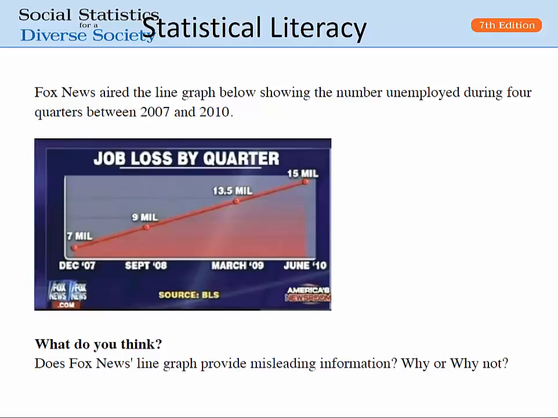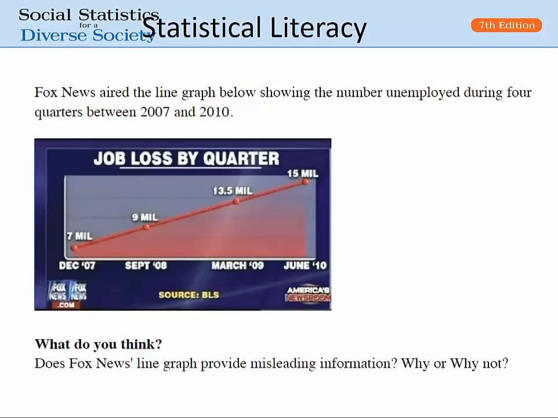But if we actually look, it's not graphed proportionally. So December 07 to September 08 is less than a year, and March 09 to June 10 is more than a year. So the differences between those time groupings isn't even. They actually were manipulated to make it look like there's this steady increase.